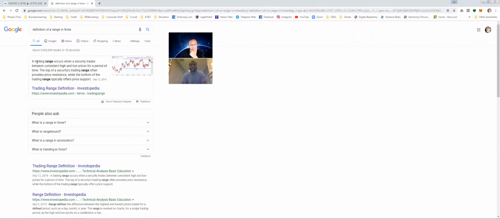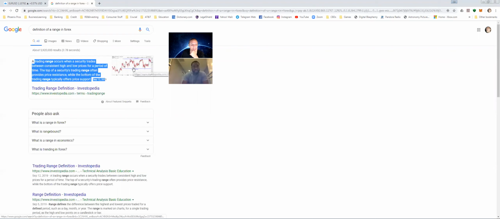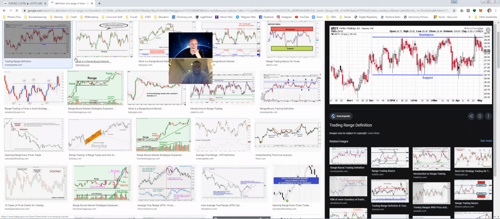Yeah, see, when it trades between consistent high and low prices for a period of time. So my definition was kind of on point. If you look at there, see the support and the resistance, it's stuck in this point. Another thing it's called is consolidation.